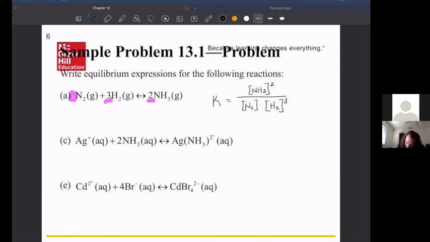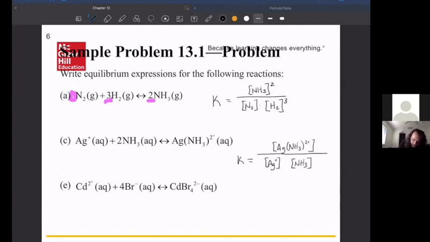Go to the bottom here. Again, products over reactants. So my product is this silver ammonia ion divided by reactants: silver, and I have the concentration of ammonia.